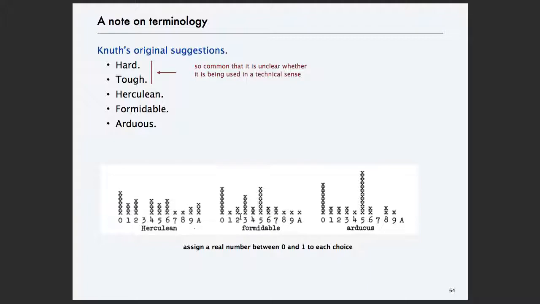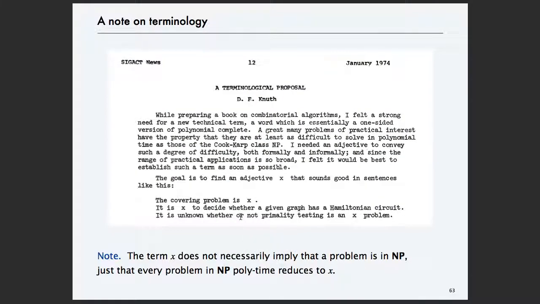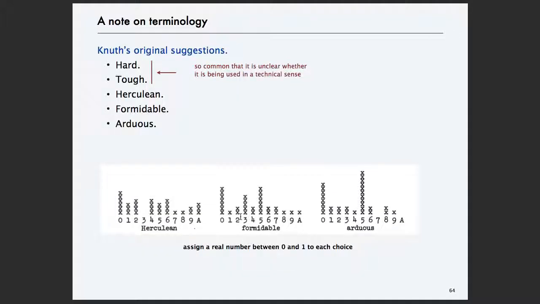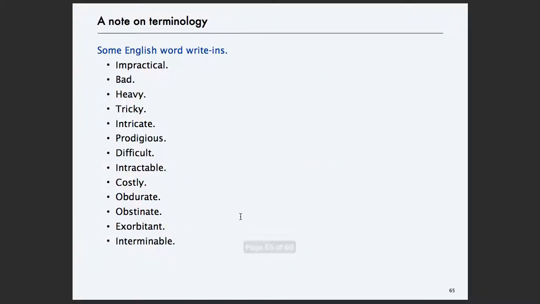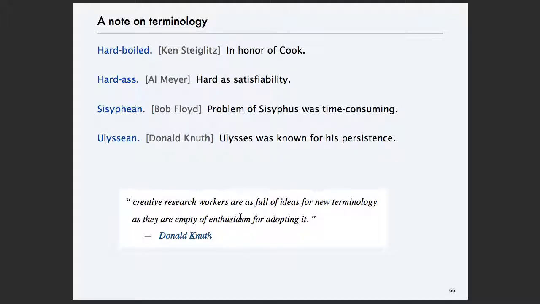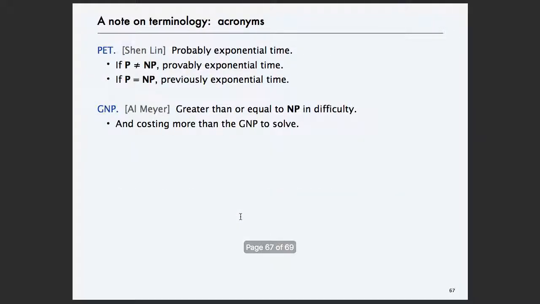This is more historical, right? What's the name, right? So they were talking about NP hard, and they talked about other kinds of names that could be used. There are other terminology proposals, call it PET, so that now would be probably exponential time.